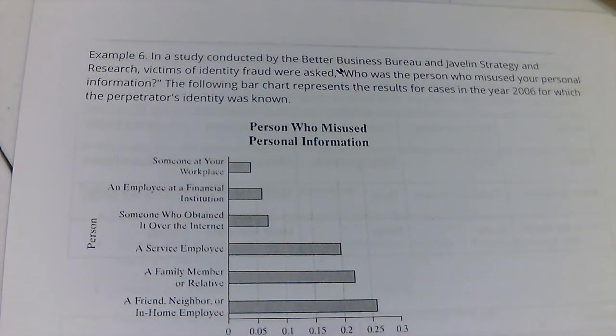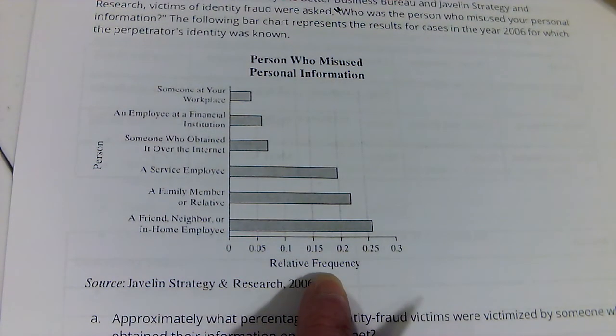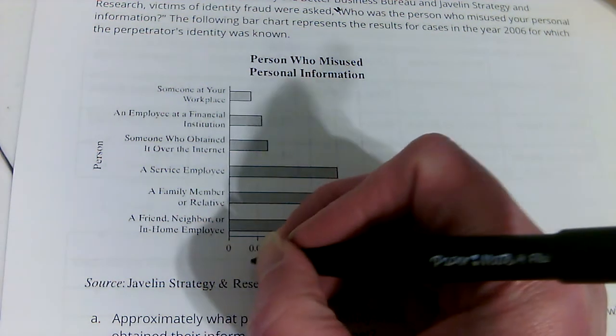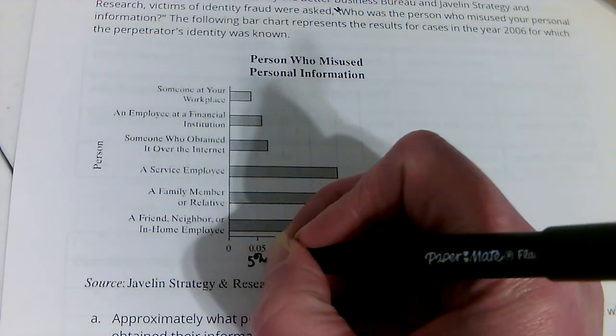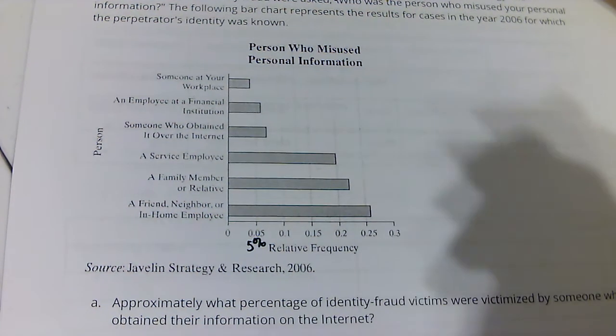And these are relative frequencies. These are percentages. Think of this as percentages. So 0.05 is really 5%. This would be 10% and so forth.